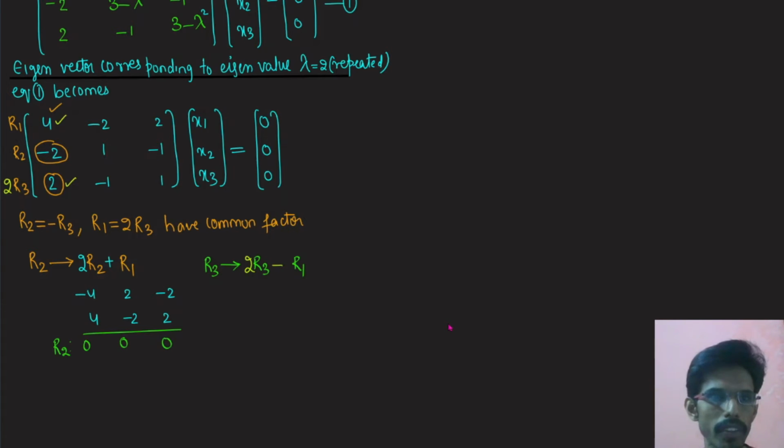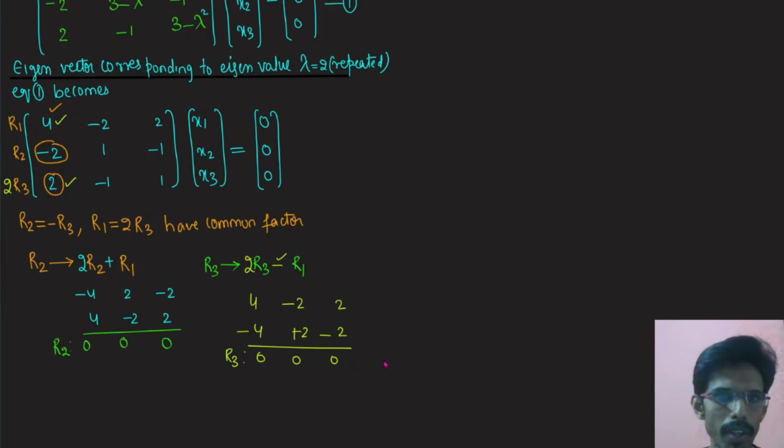Now 2R3 will be multiplying 2 to R3, that will become 4, minus 2, 2. R1 is 4, minus 2, 2. Here we have minus sign, so this will become minus plus minus. So we have 0, 0, 0. This is the new row 3.